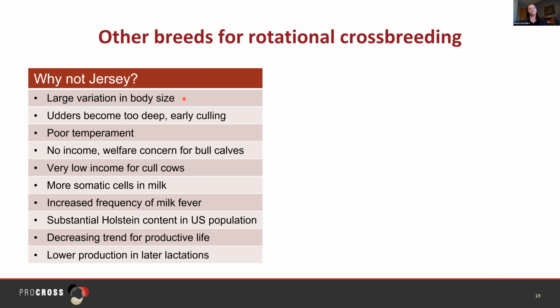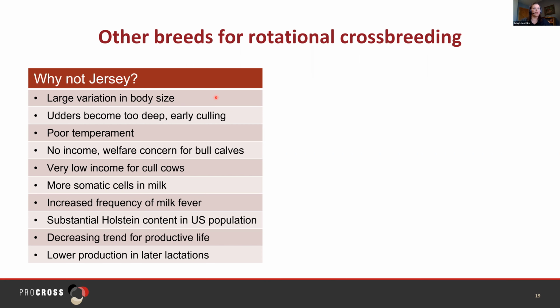And most of people's criticisms of Hojos is that they create this large up and down in body size. And that will carry on when you use Jersey in that rotation, because when you come back with that Jersey sire, every now and then you'll see that very tiny cow creeping in. And it creates both a housing problem and a milking problem typically because we build our facilities for a uniform sized cow.